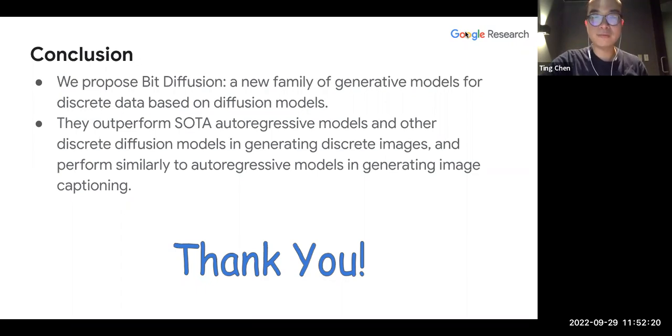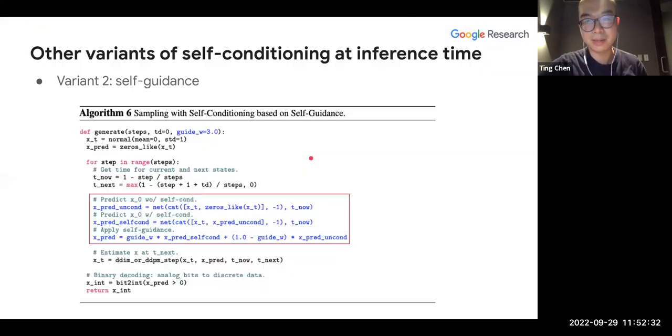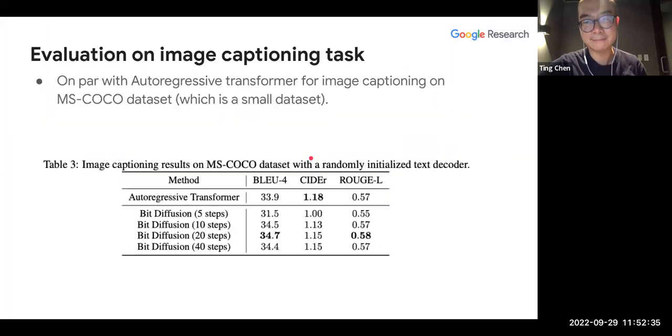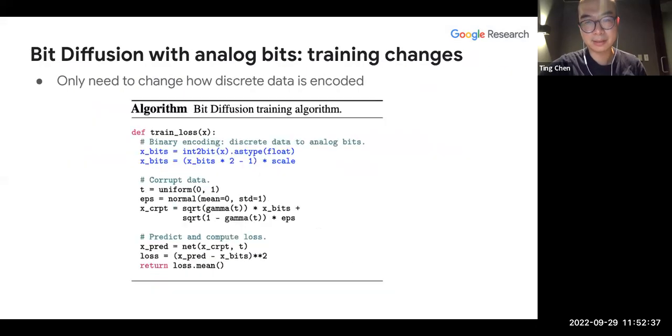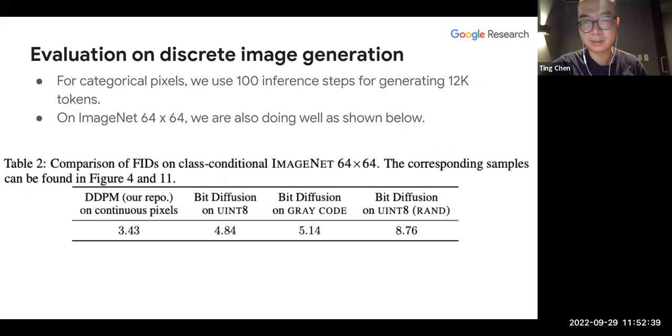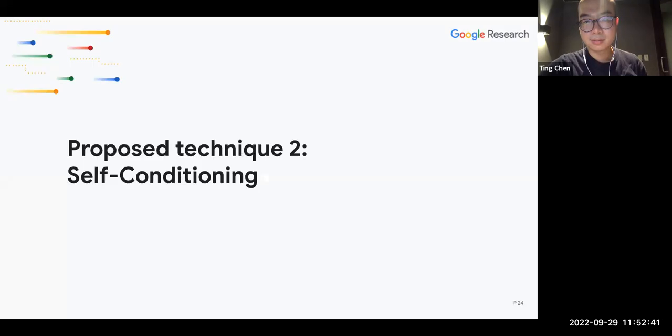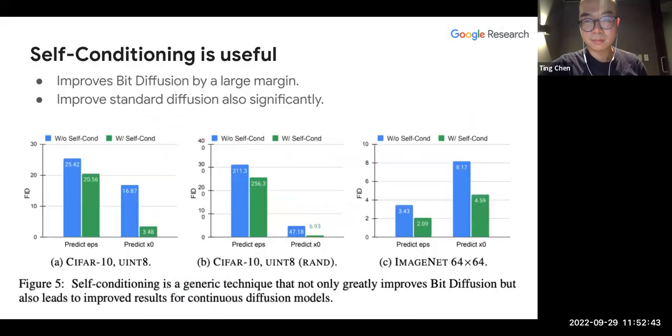But one thing we found which is interesting: if you model continuous pixels like DDPM, predicting epsilon is better than predicting X on the data. I can go back to the next slide.